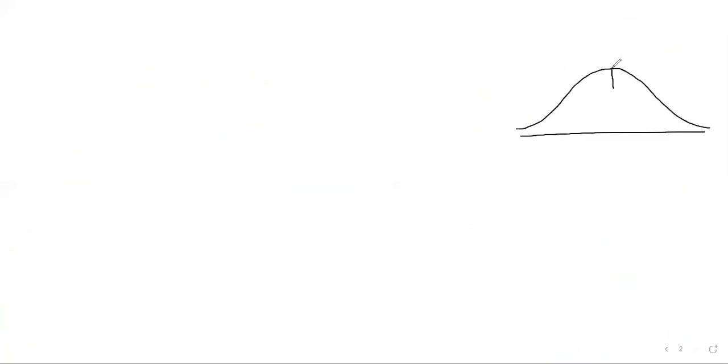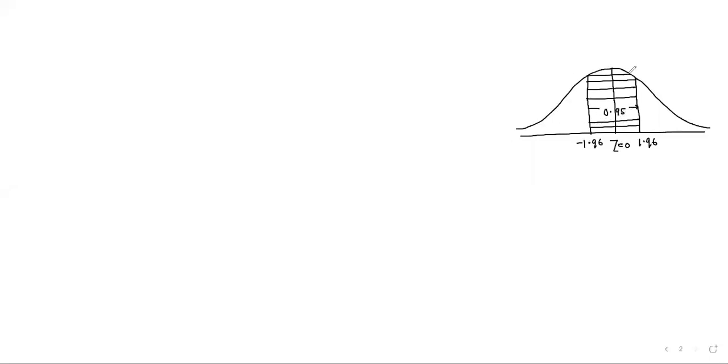Suppose this is my standard normal curve, and suppose I'm fixing my point 1.96 over here and minus 1.96 over there, and you know that in this particular range, the probability that Z will lie is actually 0.95. We have already discussed it.